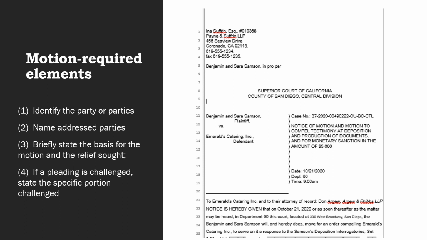So this is a notice of motion and a motion to compel testimony at the deposition and the production of the documents, meaning the phone records. And they're saying if they do not do so, then they will fine them $5,000. If the pleading is challenged, the state portion is challenged, then this must be included as well.